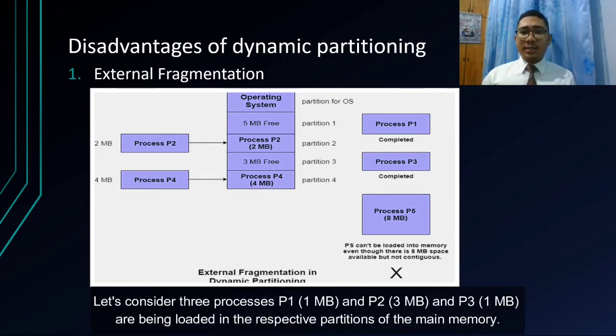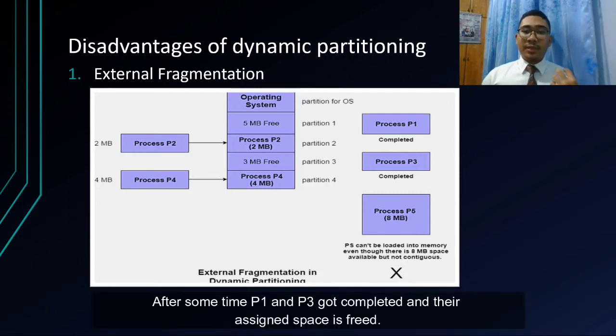Let's consider the three processes in this picture. Process 1, 1 megabyte, process 2, 3 megabytes, and process 3, 1 megabyte are loaded in their respective partitions of the main memory. After some time, process 1 and process 3 complete and their assigned space is freed.